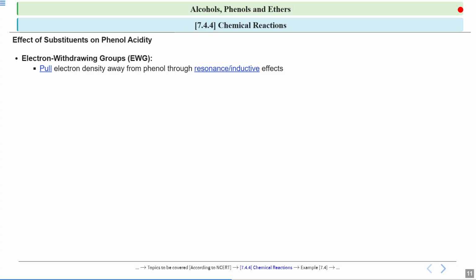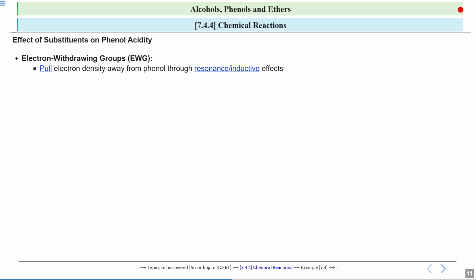Now let us see. What do the electron withdrawing groups do? The electron withdrawing groups withdraw the electron density. That means they pull the electron density away from the phenol through resonance or inductive effect, through minus R and minus I effect, because electron withdrawing groups show minus R and minus I effect.